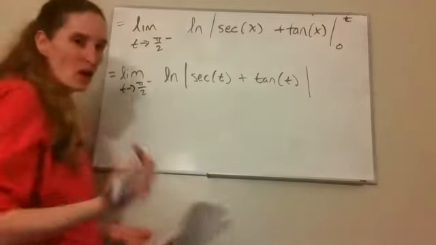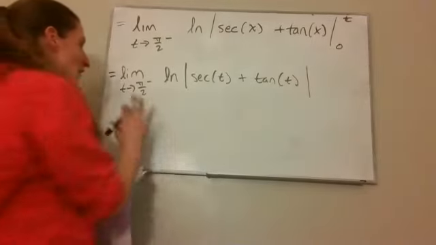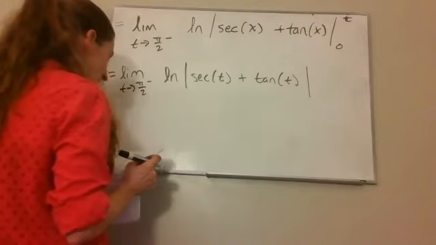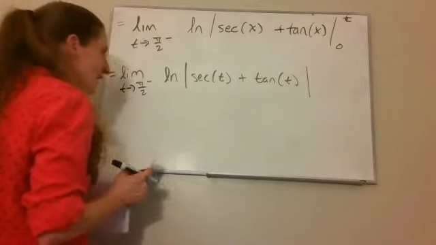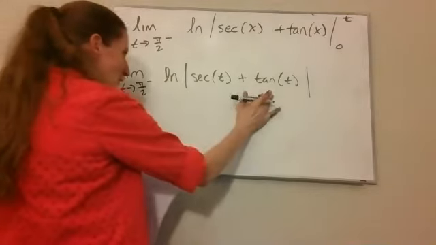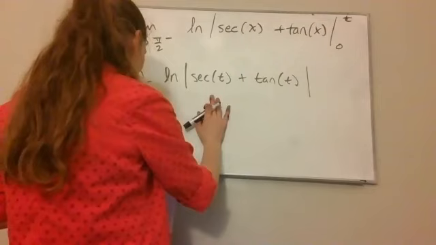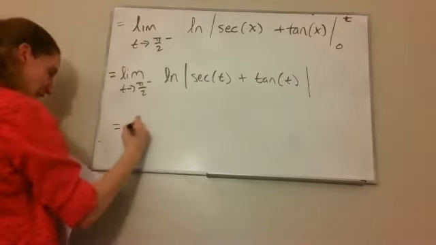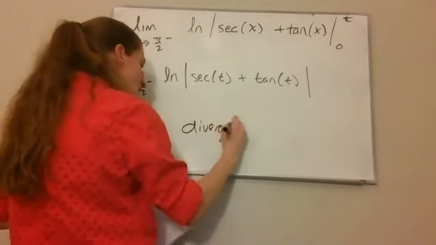So I'd have a natural log of 1, which is 0, so I don't need to write that down. All I have left to calculate is this limit here. And as we approach pi over 2 from the left side, tangent goes to infinity and secant of pi over 2 goes to infinity. So I get infinity, and my integral diverges.